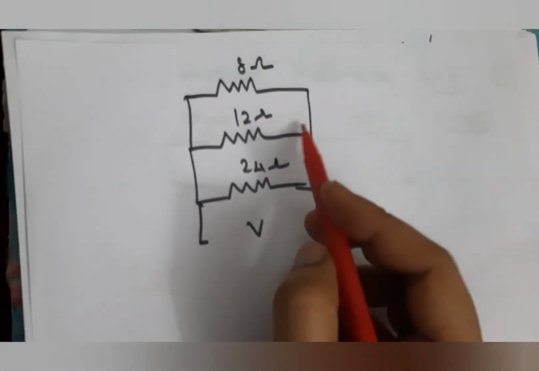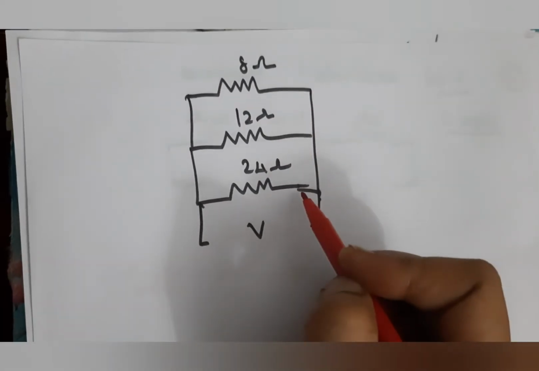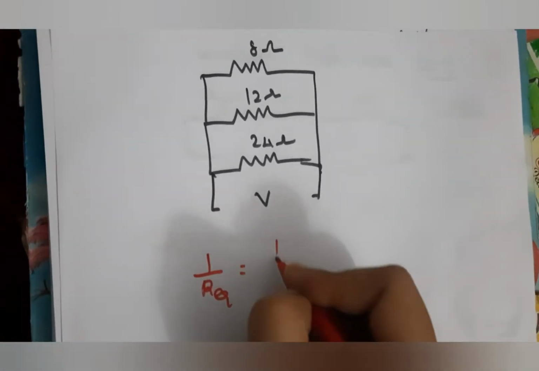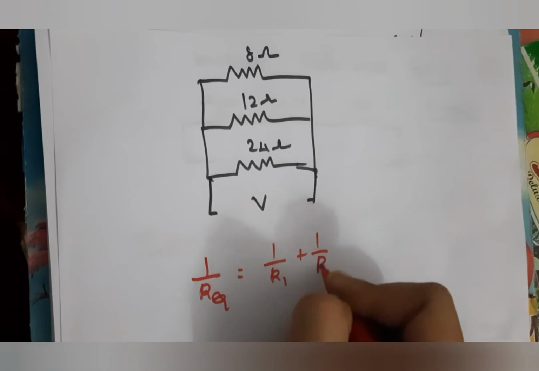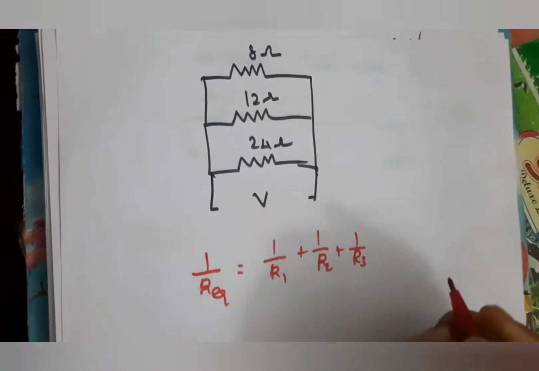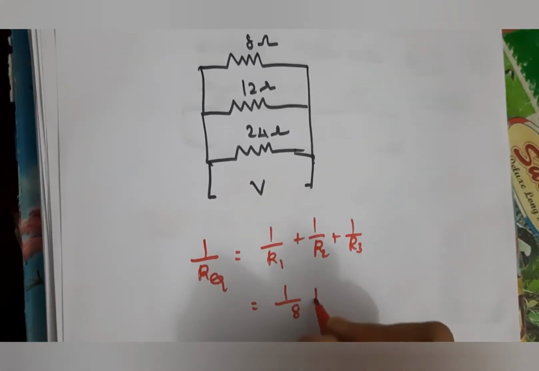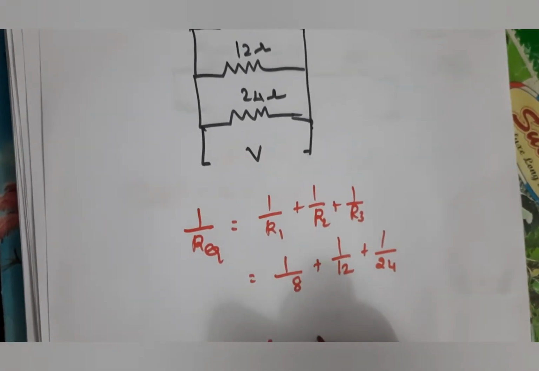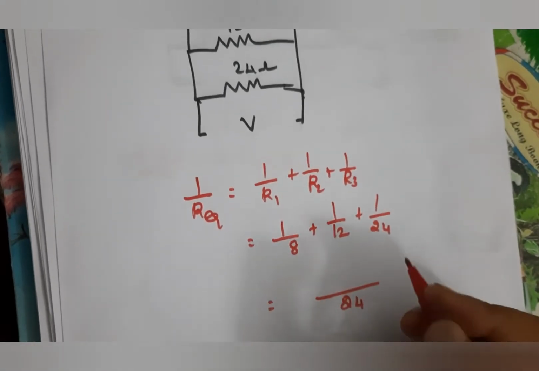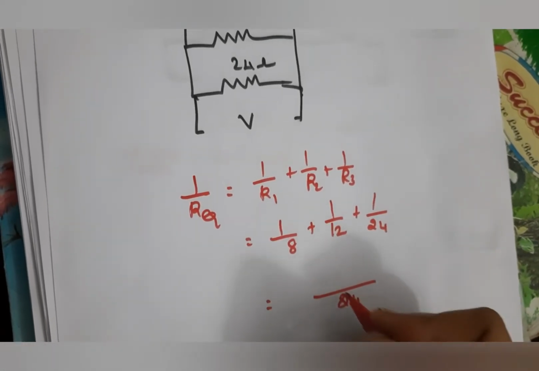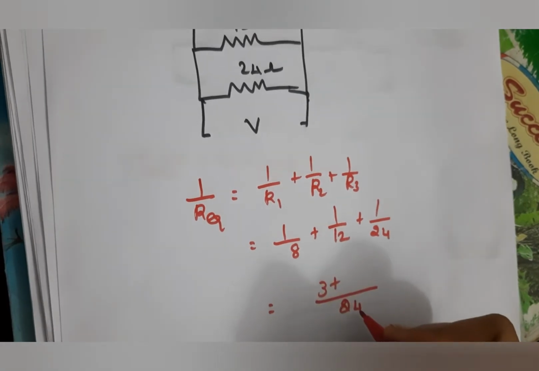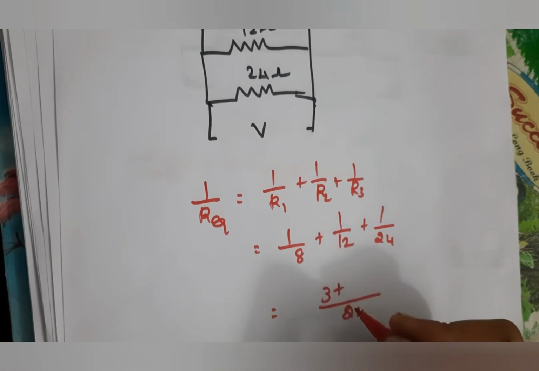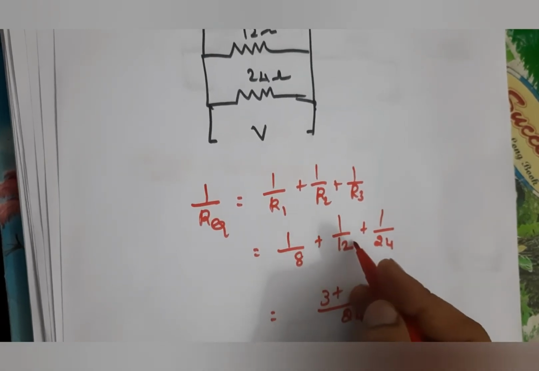The next one is a parallel connection of these three resistors. We have the formula 1 by R equivalent is equal to 1 by R1 plus 1 by R2 plus 1 by R3, and here the R1 value is 8, R2 value is 12, and R3 value is 24, and taking the LCM, the value is 24. So 8 into 3 is 24, plus 12 into 2 is 24, and 24 into 1.